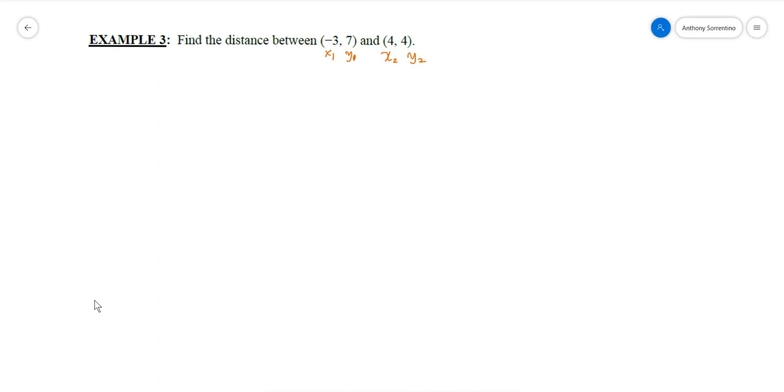So which x values I'm calling x1 and x2 doesn't matter. Which ones I'm calling y1 and y2 doesn't matter. Just make sure that you are calling the x's x's and the y's y's. And for an ordered pair, the first coordinates are the x's, the second coordinates are the y's. Setting this up, I could reverse the x1 and x2s and the y1s and y2s, as far as the coordinates go. To figure out the distance, I'm going to set up the formula.